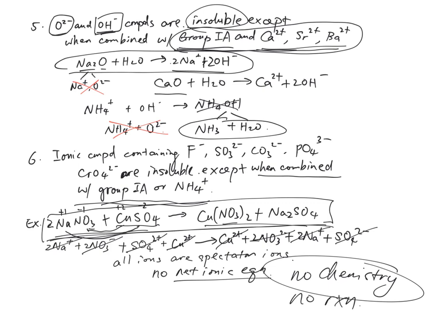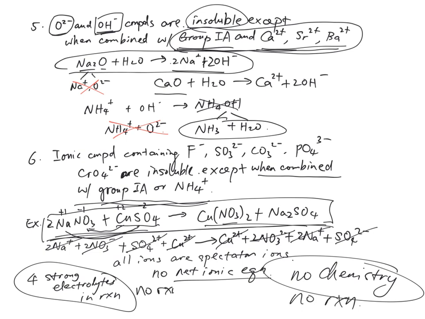The answer is no. If you end up having 4 strong electrolytes in a reaction, then you can pretty safely count that as no chemical reaction at all. All right, so that's one example.